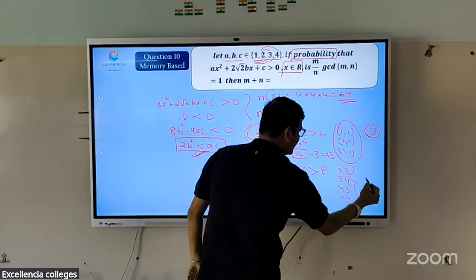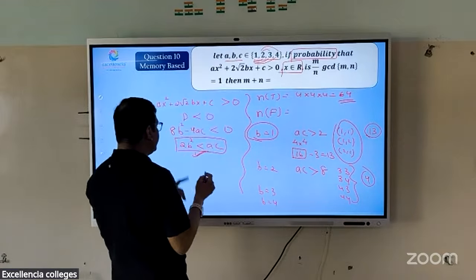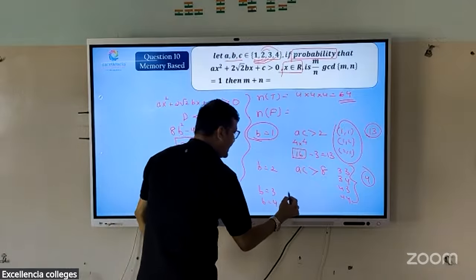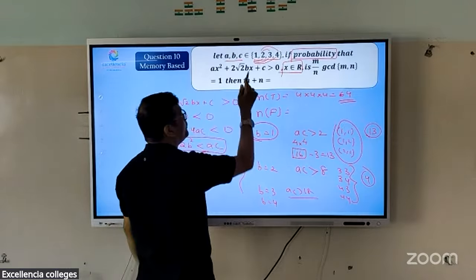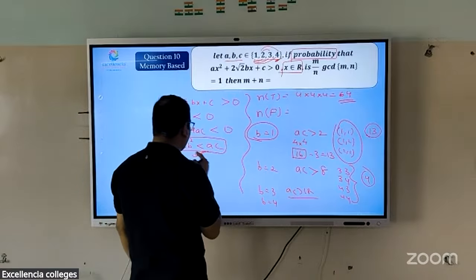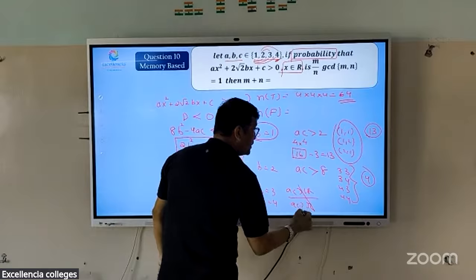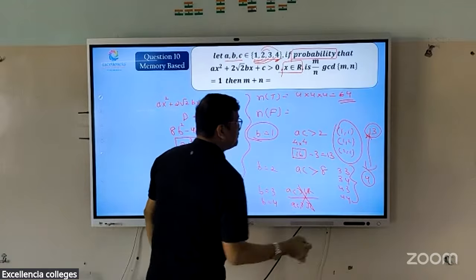So there are 4 cases. When B is equal to 3 or 4, AC would need to be greater than 18 or greater than 32, which I don't think is possible. So 17 cases, I think.